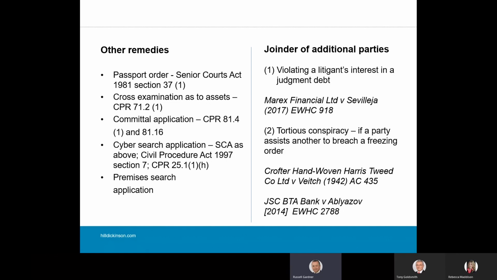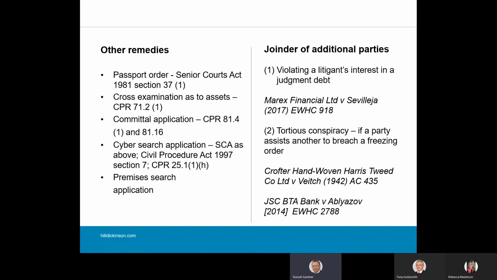And we've also got an order to conduct a premises search. So this chap who's residing in London, we got a search order enabling us to go into his premises to seize all the hard copy documents that were there, plus mobile phones, laptops, etc., and to download the material from them. That's obviously outside the scope of this webinar, exciting though it is.